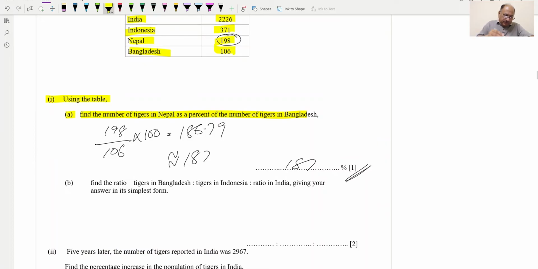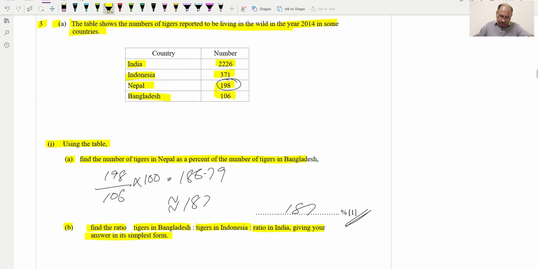Now B part says find the ratio of tigers in Bangladesh to tigers in Indonesia to tigers in India, giving your answer in simplest form. If we check the ratios, tigers in Bangladesh are 106, tigers in Indonesia are 371, and in India they are 2,226.